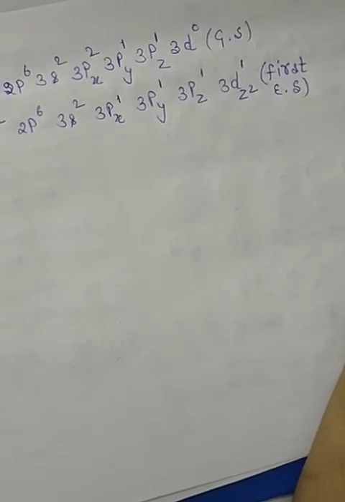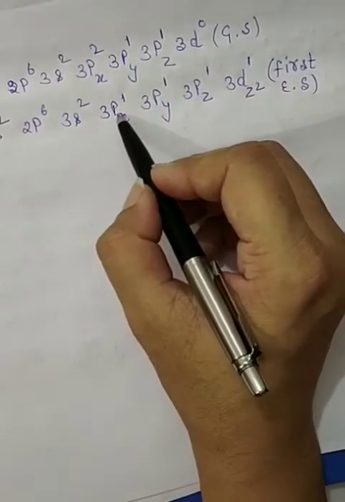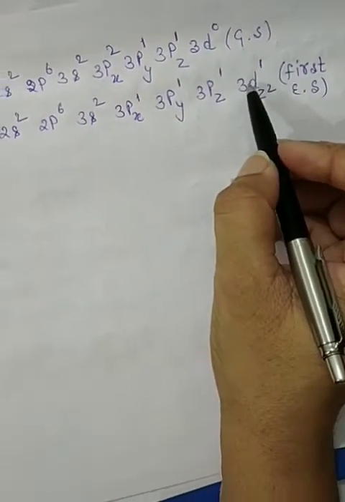In the first excited state, sulfur has 4 half-filled atomic orbitals.